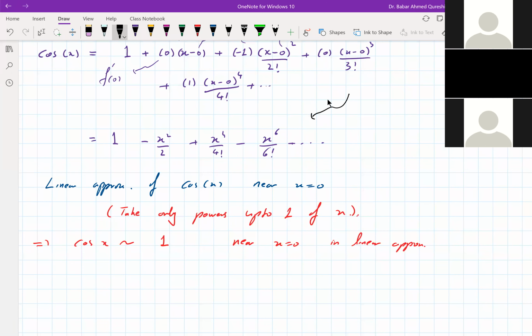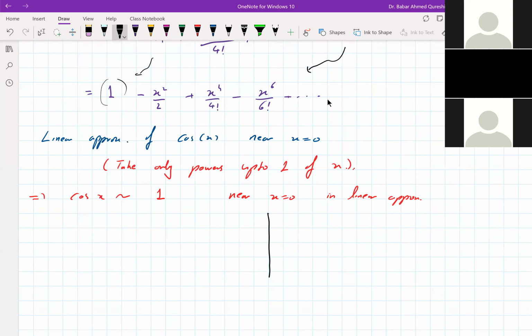If you include up to power 2, that's the quadratic, and so on. If you include up to power 3, that's cubic. It just so happens that up to power 1, there's no term here with power x to the 1. So the only thing I have to include is 1.